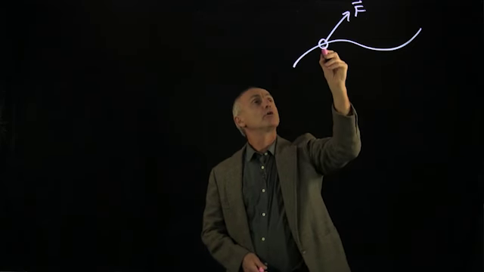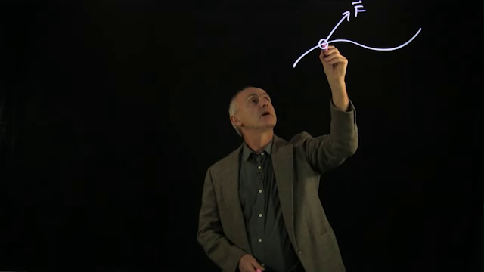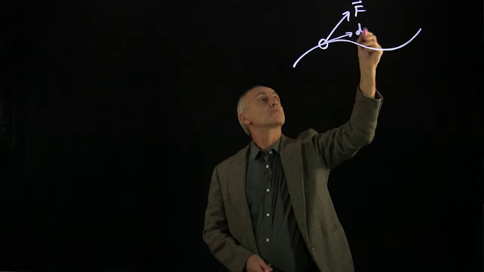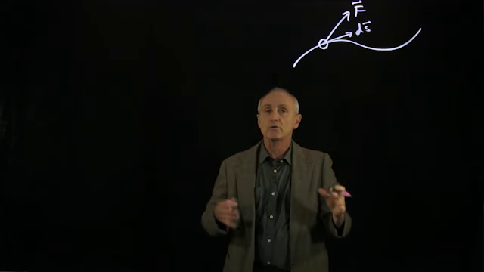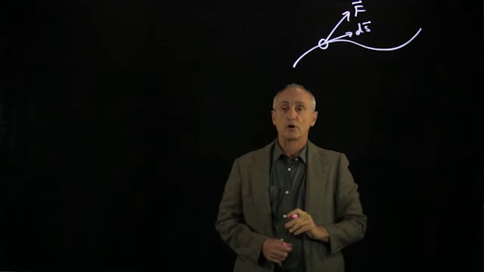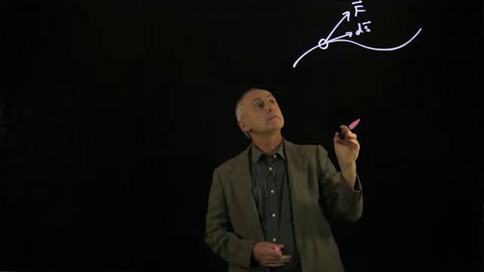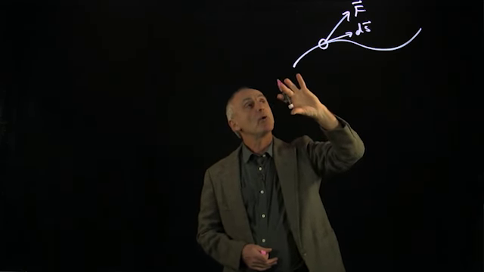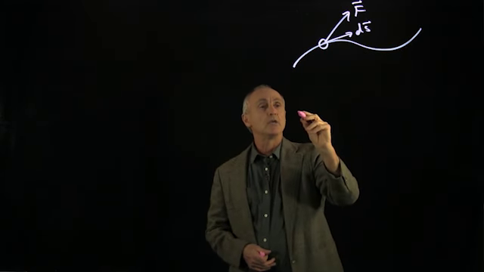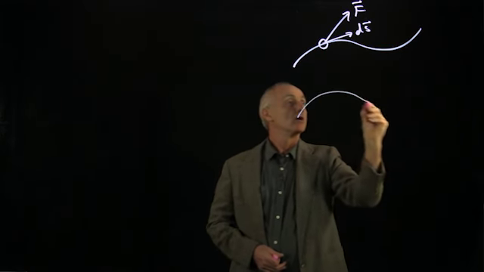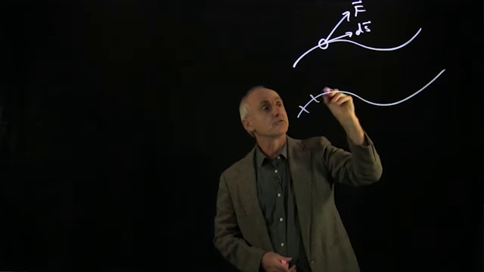And the particle is being displaced by a distance ds, which is always tangent to the path. And what we'd like to do now is talk about the work done for this particle. Now, what we're going to do is imagine that we break the path down into a bunch of small intervals.